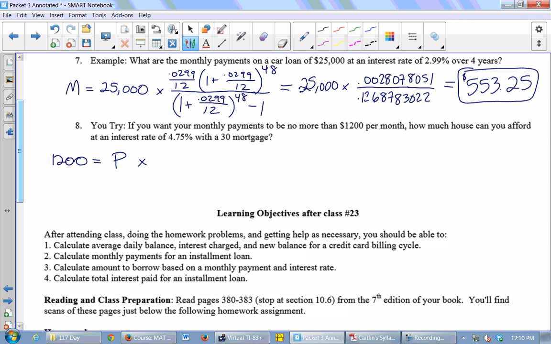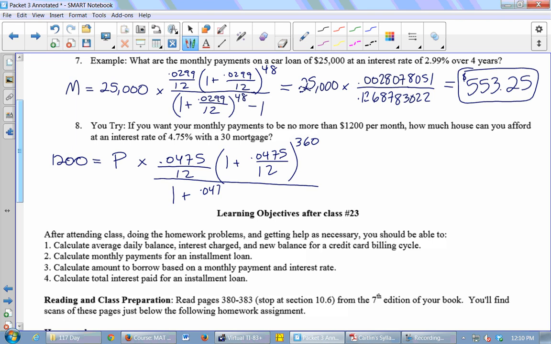All right, so my interest rate is going to be 0.0475 divided by 12 times 1 plus 0.0475 divided by 12 to the 360 over 1 plus 0.0475 over 12 to the 360 minus 1.